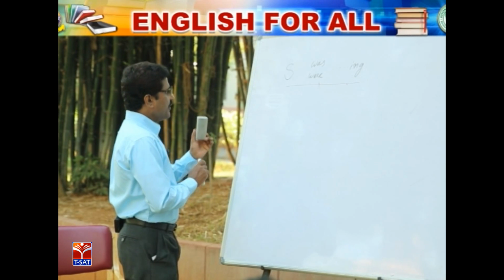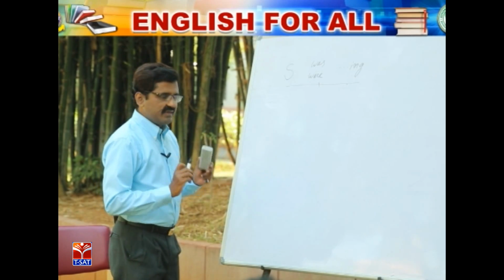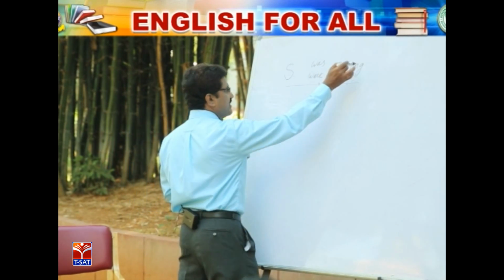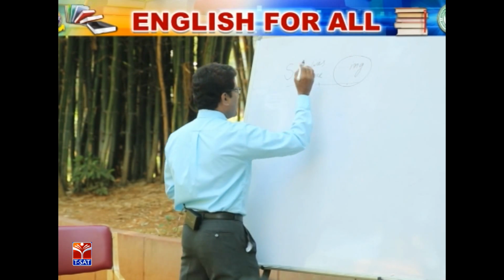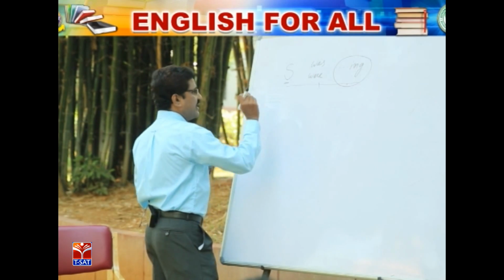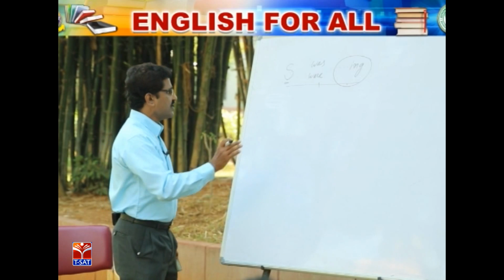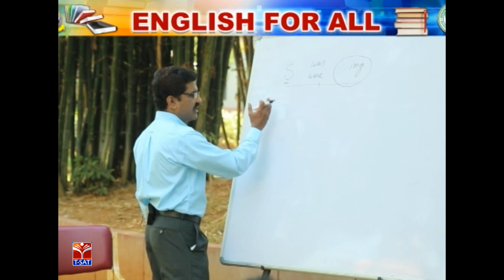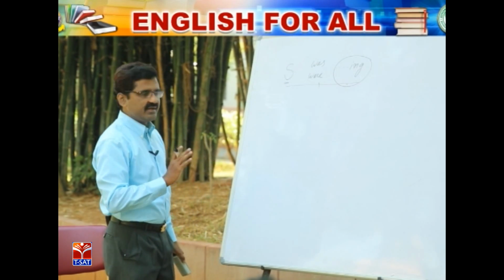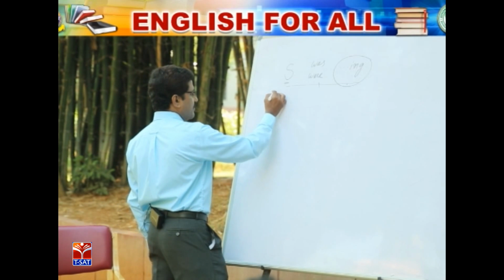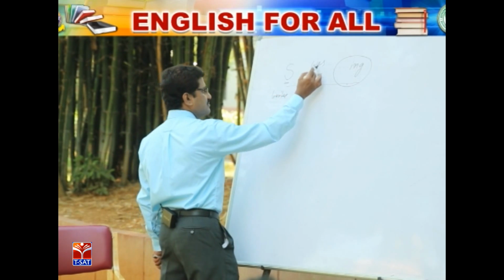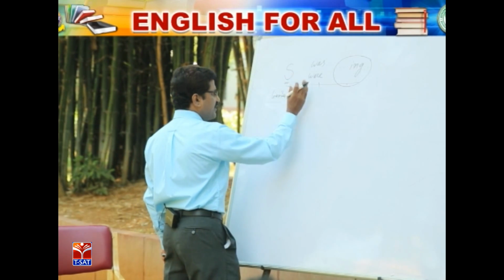Fine. Now, if you want to become good at this structure, the secret is this one. Because subject, whether you are an LKG student or a professor, all of us use the same subjects. I, we, you, he, she, it, that is limited. This is limited. And all of us use was and were, this is limited.